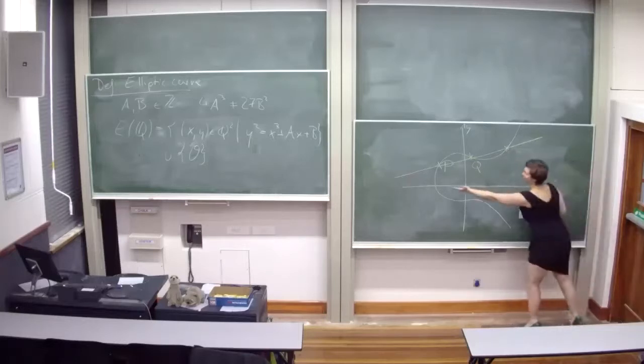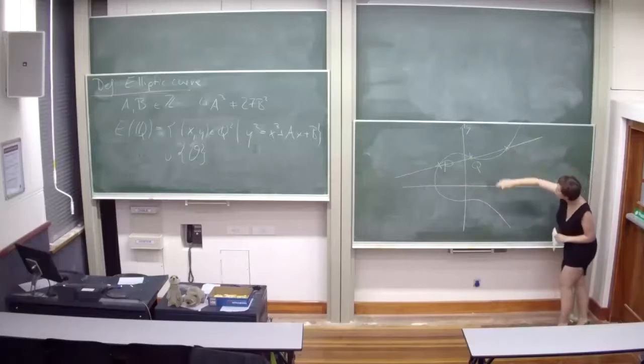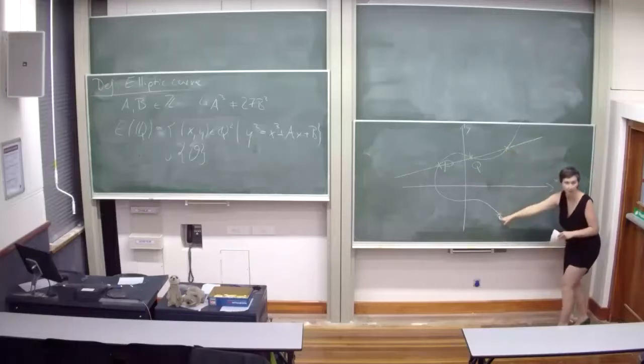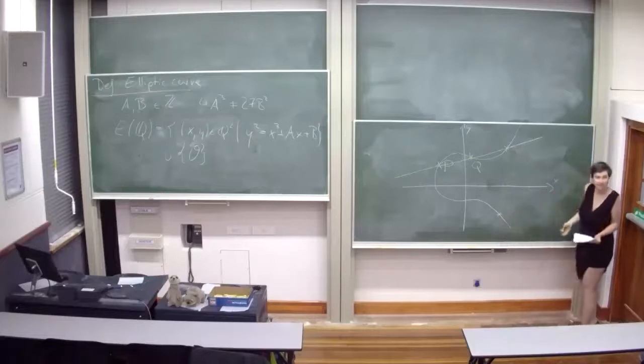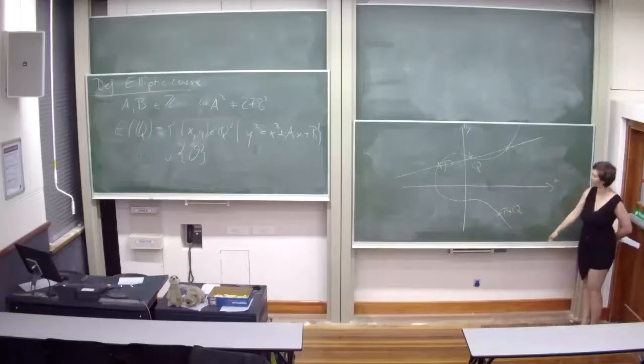And since our curve is symmetrical to the x-axis, we can just reflect the point by the x-axis and always get exactly one point here. And this will just be the sum of our two points here. So we just define this. This is the sum of P and Q.